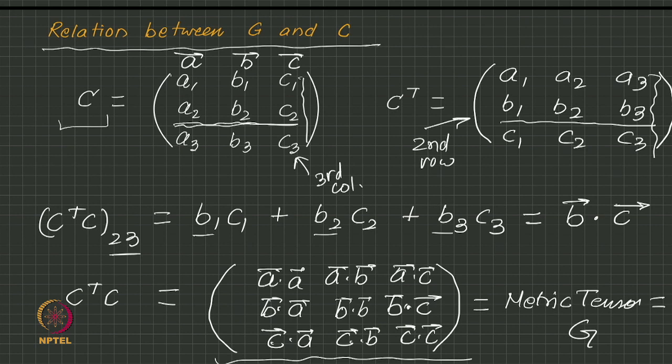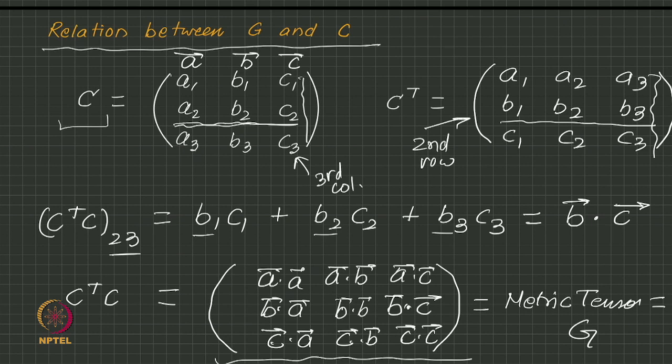So, B 1, B 2, B 3 are components of B, C 1, C 2, C 3 are components of C in Cartesian coordinate system, where the dot product has this simple form B 1 C 1 plus B 2 C 2 plus B 3 C 3. Despite all our problems with metric tensor, in Cartesian the metric tensor is identity. So, that is not appearing here. So, this simply becomes B dot C.